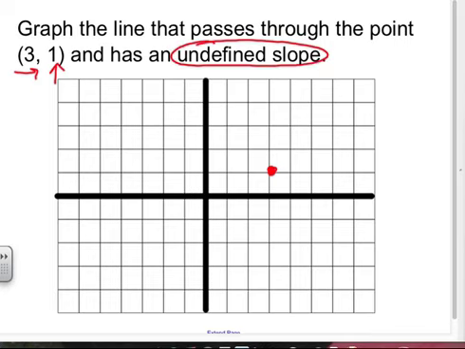Do you remember what undefined slope looks like? It's so steep that you cannot use a ratio to measure it. That is a vertical line that has an undefined slope, and it passes through the point +3, +1. And that's the answer.